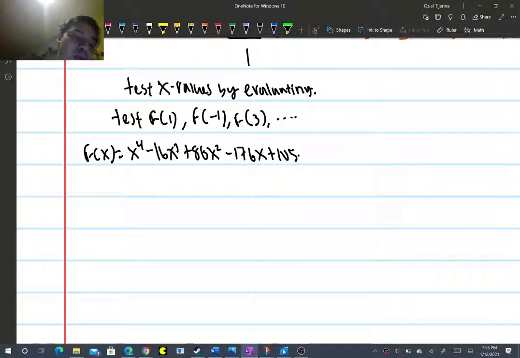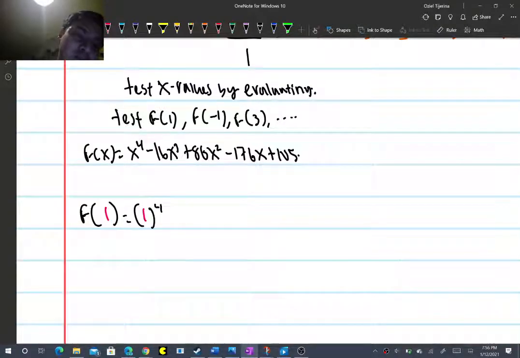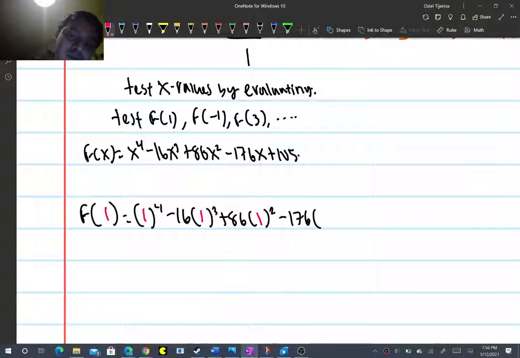So we're going to do f of 1 first. f of 1 is going to be 1 to the 4th minus 16 times 1 cubed plus 86 times 1 squared minus 176 times 1 plus 105, okay?